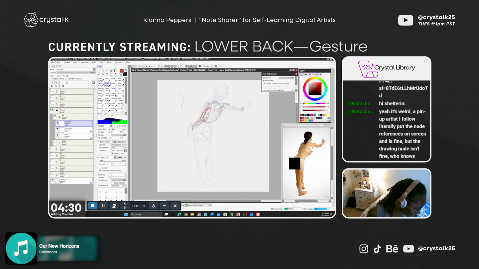We don't have much to go off of with the triceps, but oh, good remix, good remix. Anybody remember the 3DS?